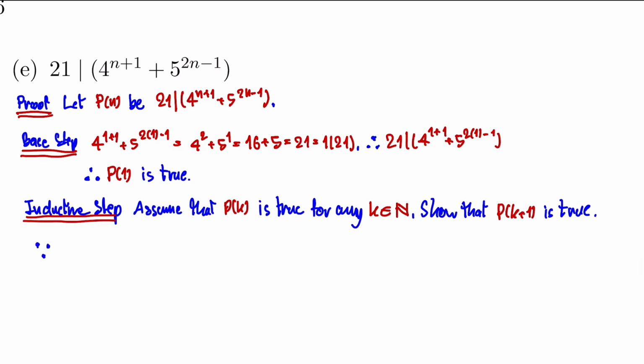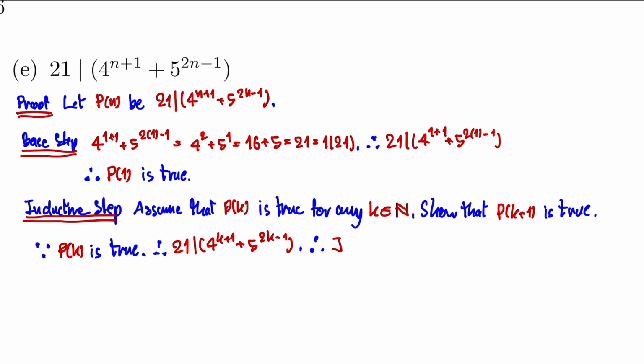So since P(k) is true, we have to plug in k in here. So we're gonna have 21 divides 4^(k+1) + 5^(2k-1). Okay, so this is what we have.